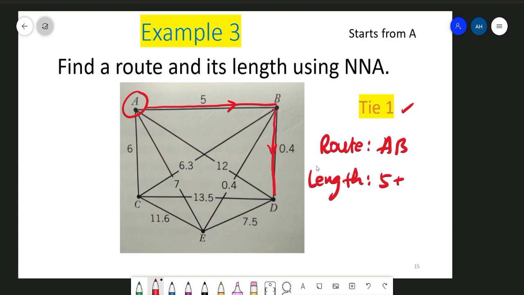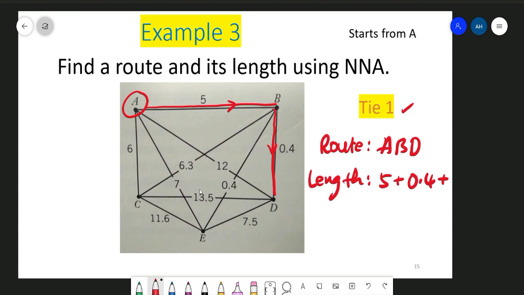So we go to D: from A to B, B to D, and the distance is 0.4 plus. Now we are at vertex D. The possibility is we can go to 7.5.